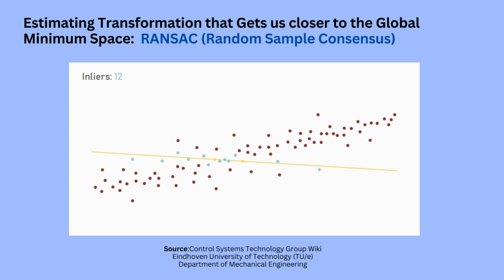This process is repeated multiple times, and the model with the highest score that fits the most points is selected. The selected model will be based on how many inliers it can accommodate, and how few outliers it produces. This method is very useful in tasks like estimating camera motion and visual odometry, and of course it's useful in global registration.